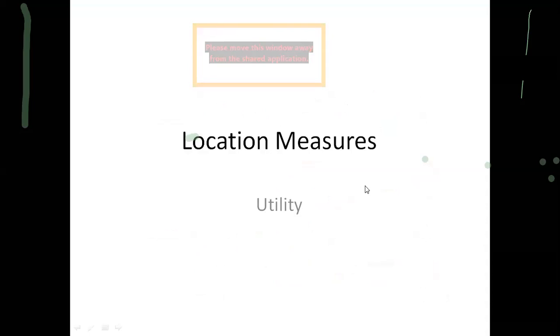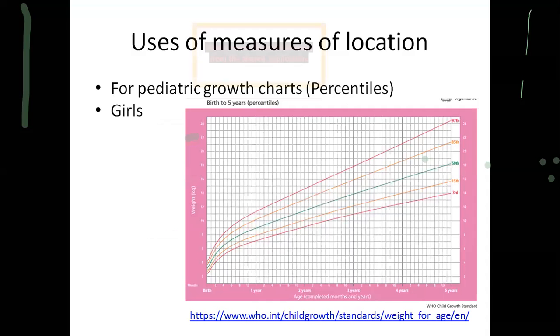What are the utilities of measures of location? Why do you want to learn about them? The first utility is in growth charts. In the pediatric age group, we want to find out whether a particular kid is growing as per the normal range or not. Then we use these growth charts.